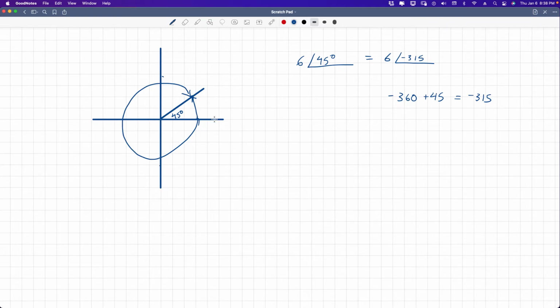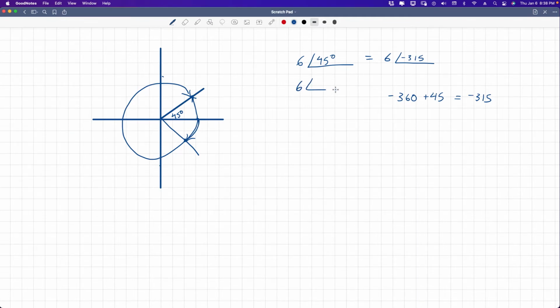Now, why do they have positive and negative on this? Because, my dears, why would you want to measure all the way around to get to here when you could just say this was a negative 45? Think about that.